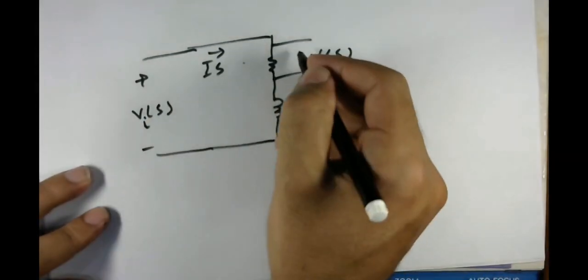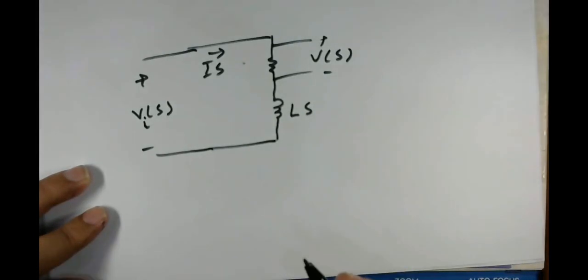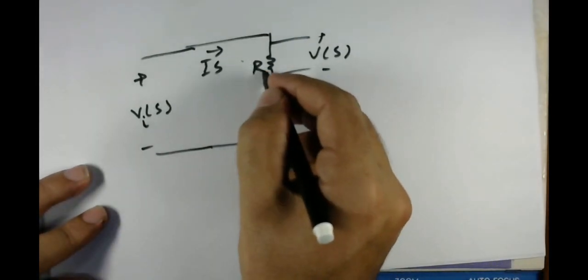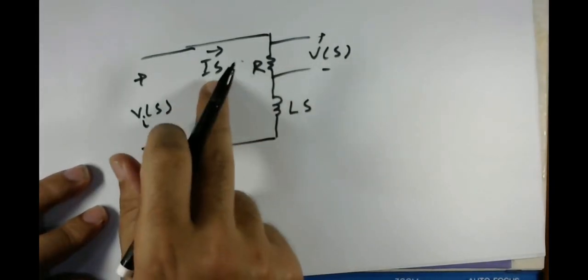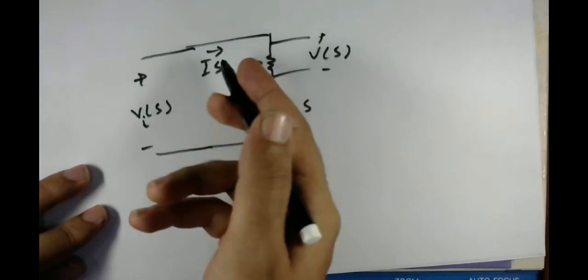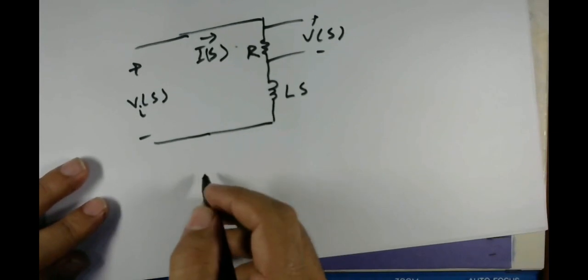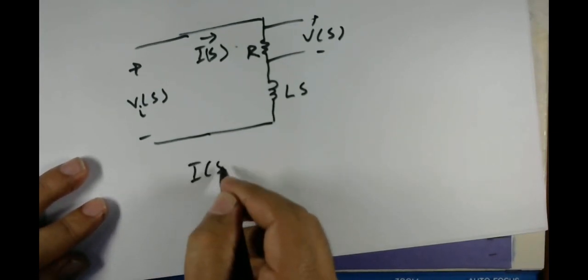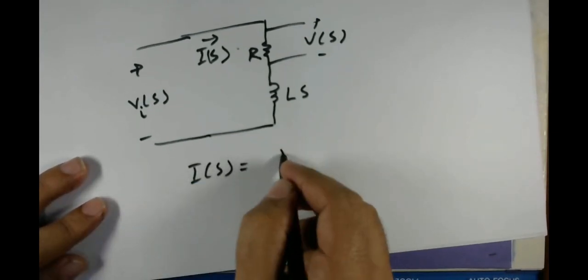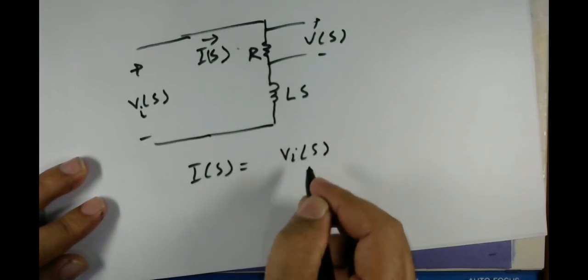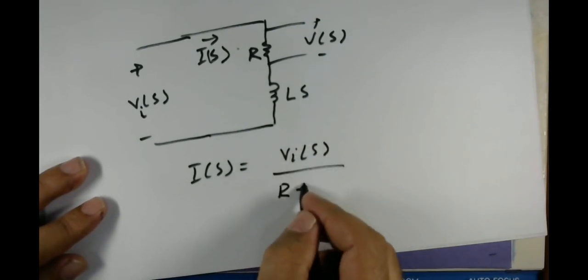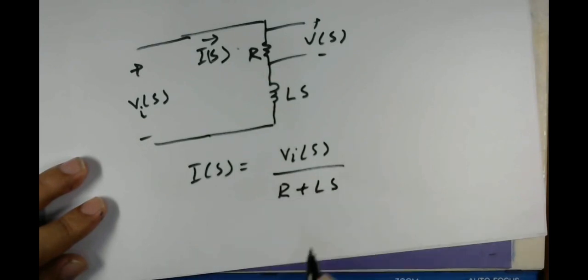Now we need to find the transfer function for this. For the transfer function you need to find your input. Say my input is I of S. So what will be I of S? I of S will be nothing but Vin of S over R plus LS.